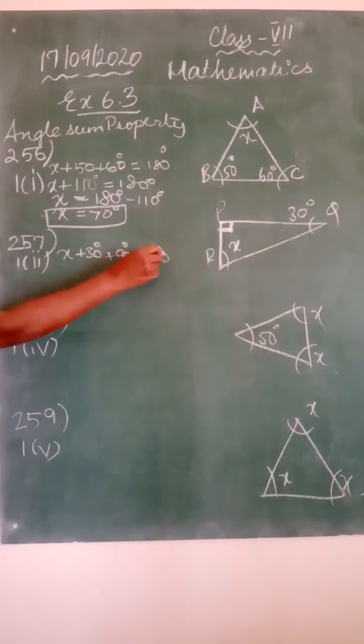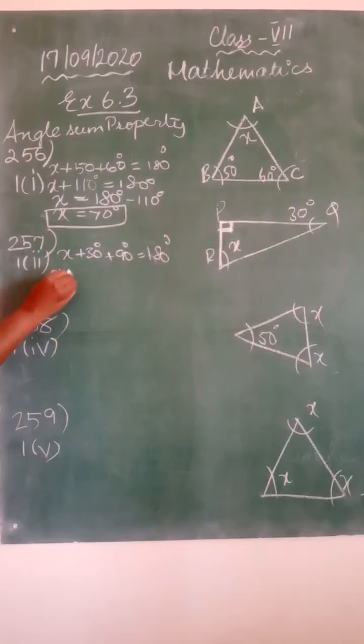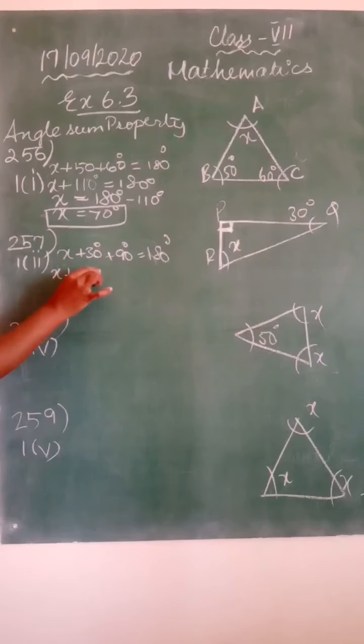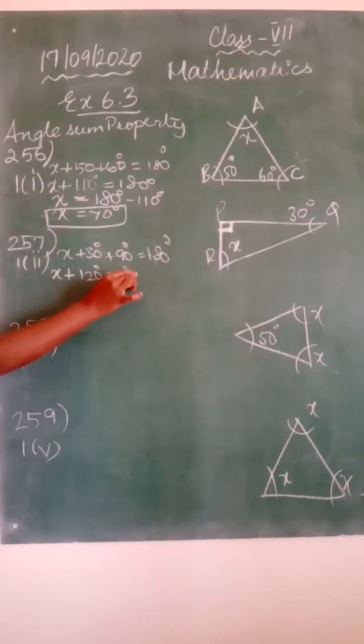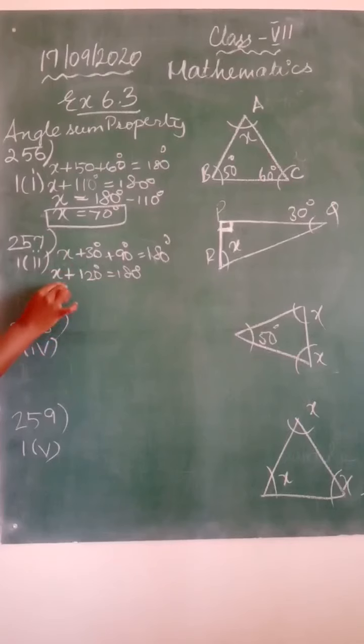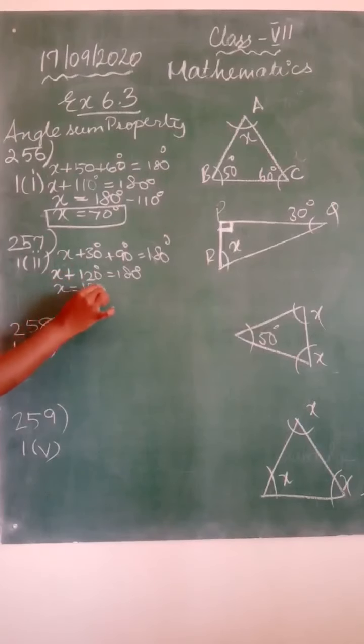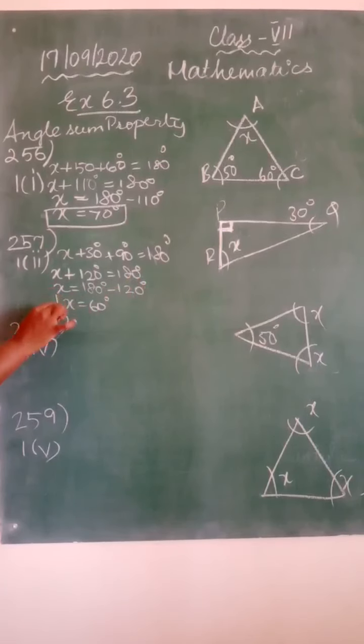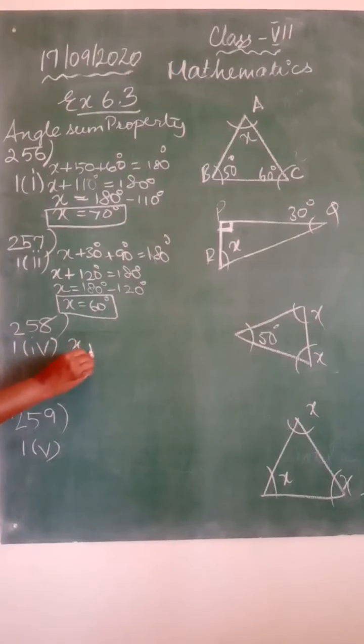Equal to 180 degrees. So x plus 90 plus 30 is how much? 120 degrees equal to 180 degrees. Then x is equal to 180 degrees minus 120 degrees, and that is nothing but x is equal to 60 degrees.